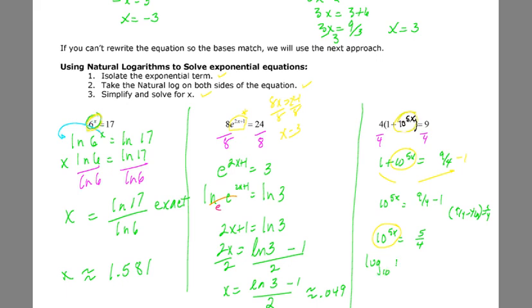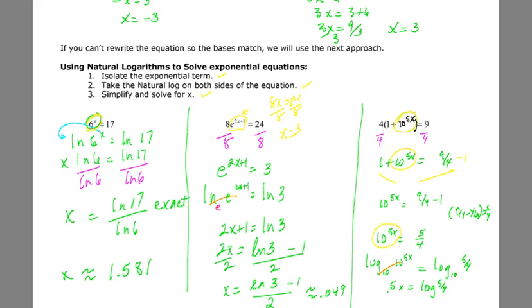Log base 10 of 10 to the 5x. Now notice I normally don't write the base on log base 10, but I'm just putting it in here for emphasis. See, the base is matching. That stuff's going to cancel. Gives us a quick follow through: 5x equal log of 5/4.